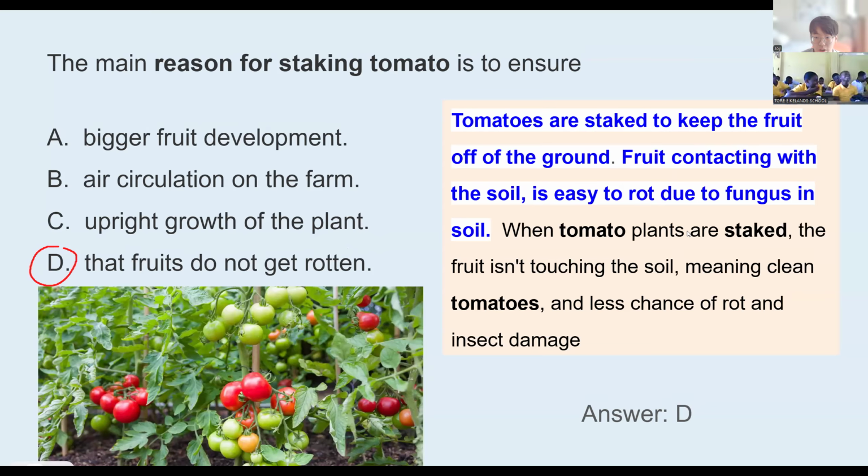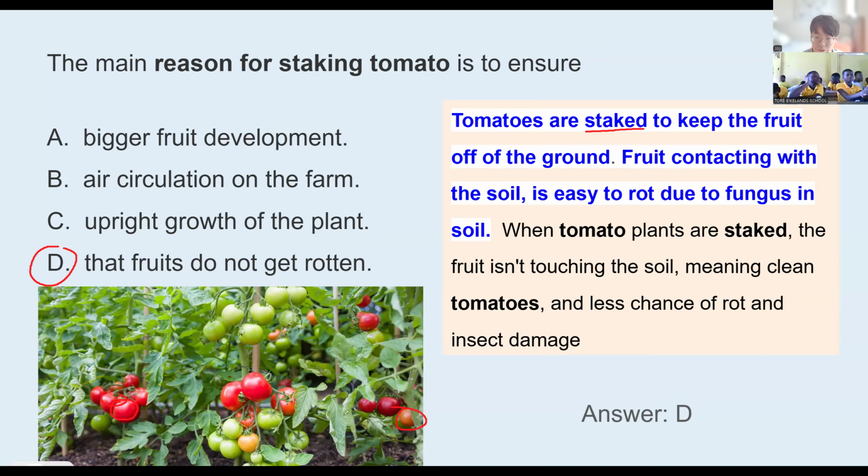So tomatoes are staked to keep the fruit off the ground. If you stake the tomatoes, it'll help the tomatoes be off the ground. You can see none of them are touching the ground.